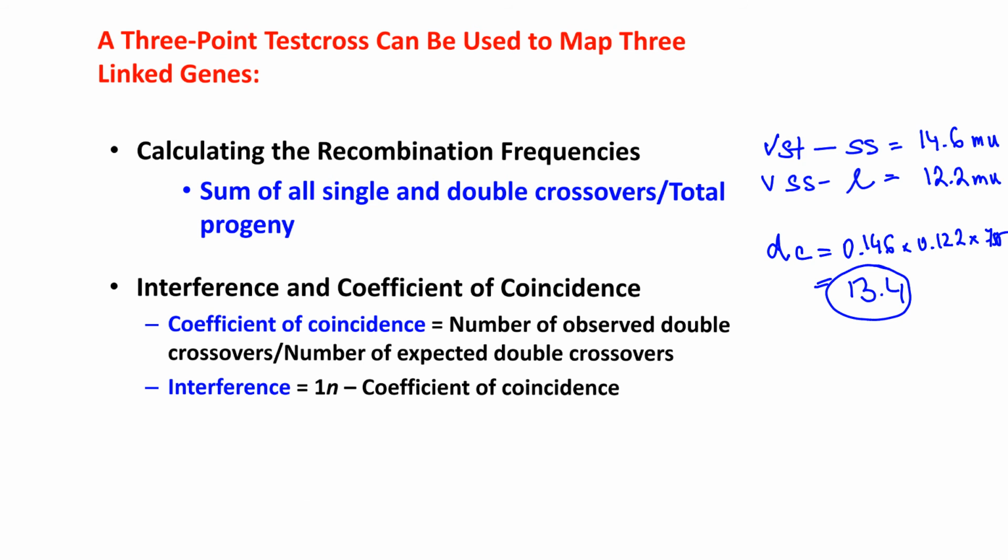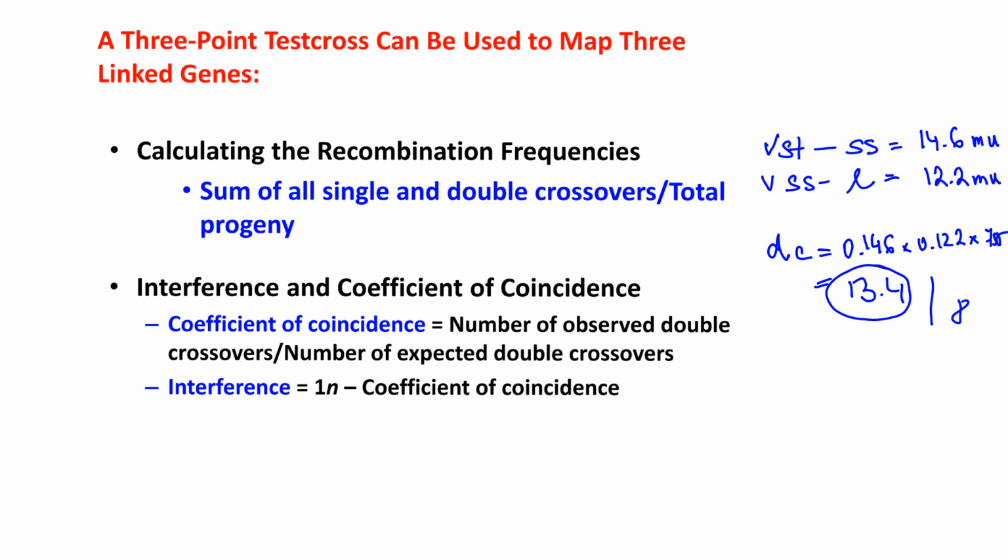Basically, when you have 3 genes and crossing over occurs between the first two, it will interfere with a second crossing over between the second and third gene, and the degree to which one crossover interferes with an additional one we call interference.